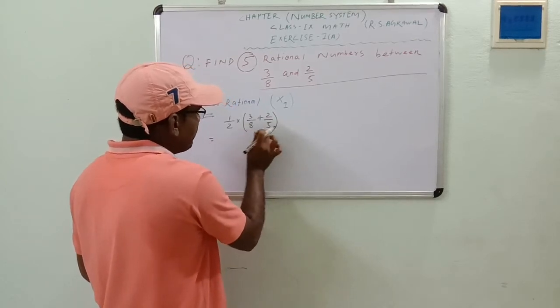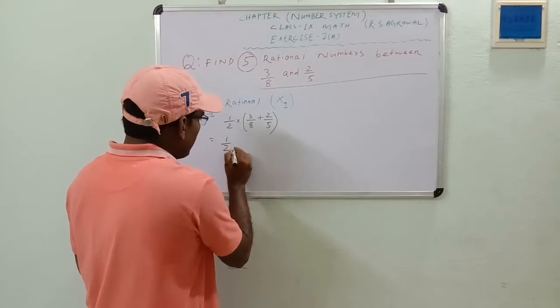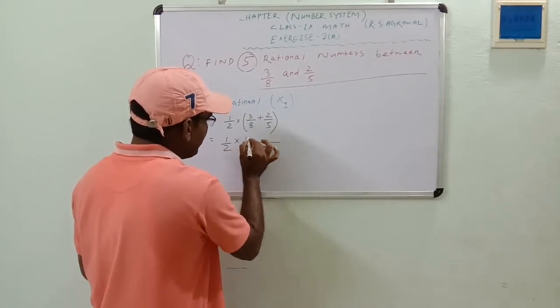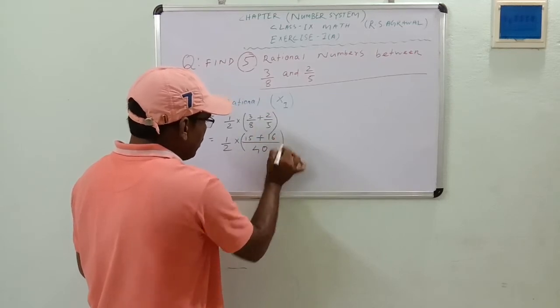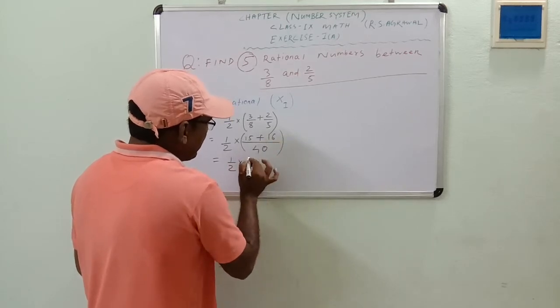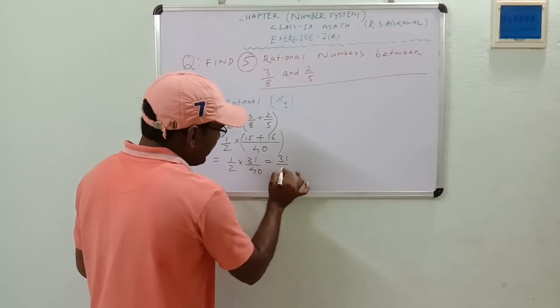Add these 2 rational numbers by taking the LCM of their denominators. 1/2 into, the LCM is 40, it will be 15 plus 16, equal to 1/2 into 31/40, and finally you got 31/80.